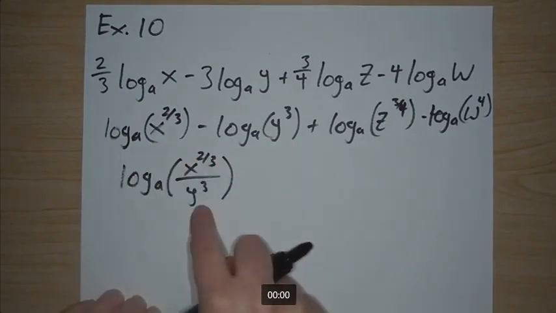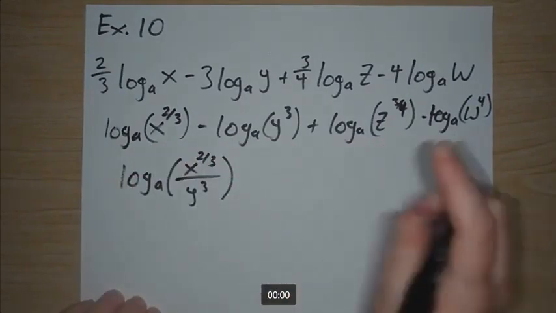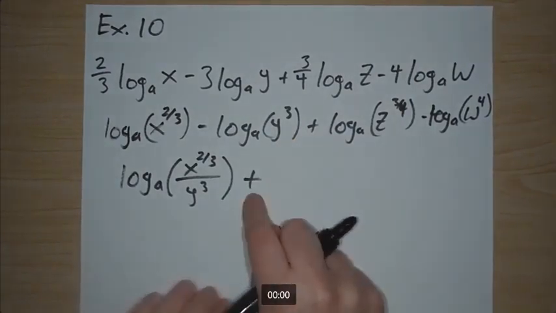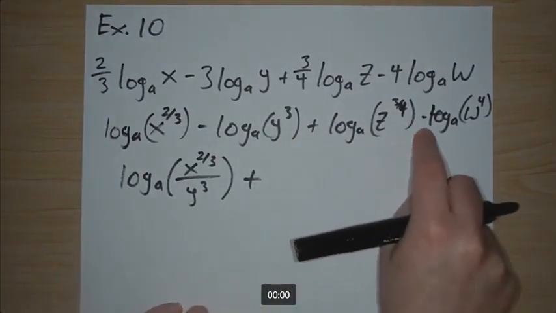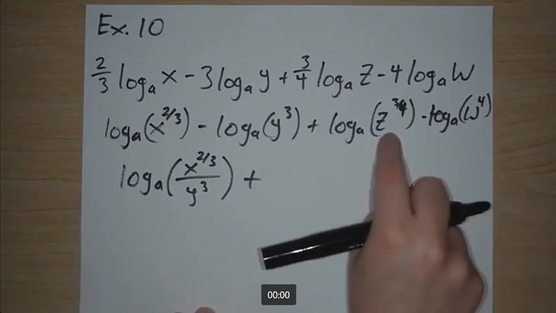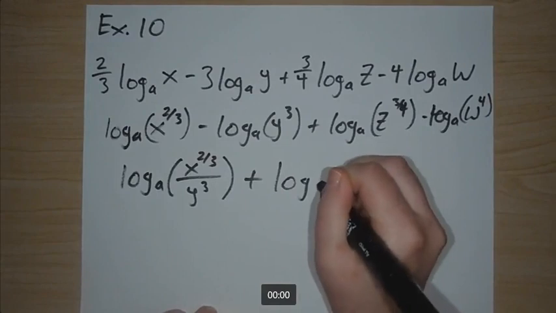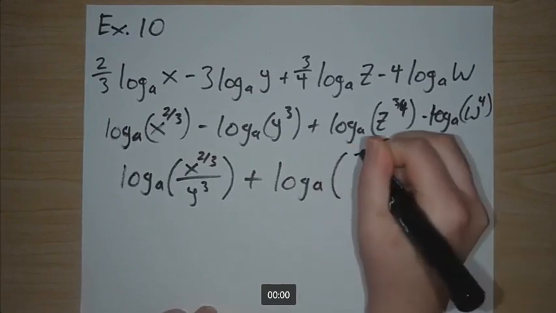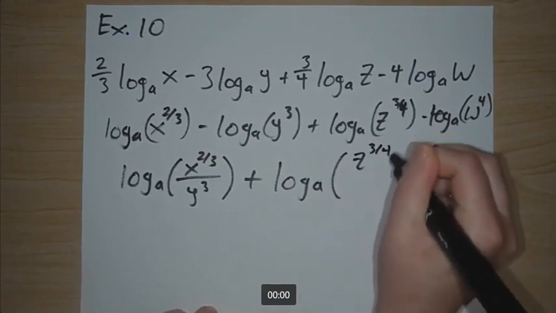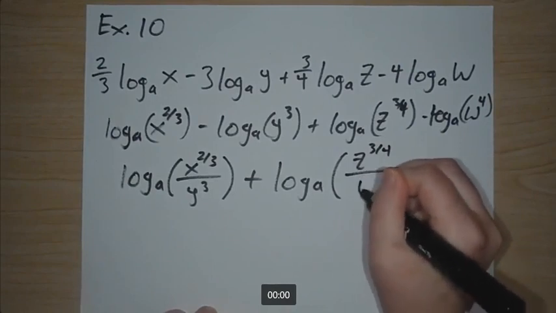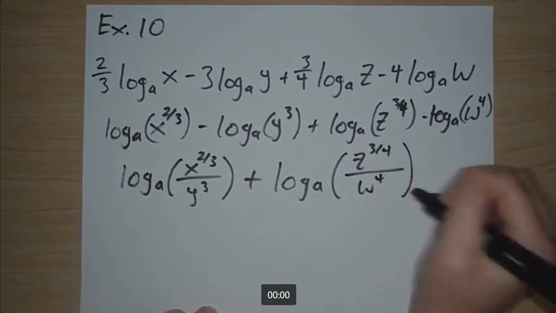This is the numerator, this is the denominator. So now for this one, this is going to tack on this plus. Log a of z to the 3/4 minus log a of w to the 4th. This will be the numerator, this will be the denominator. It's the same thing as log base a of z to the 3/4 over w to the 4th.